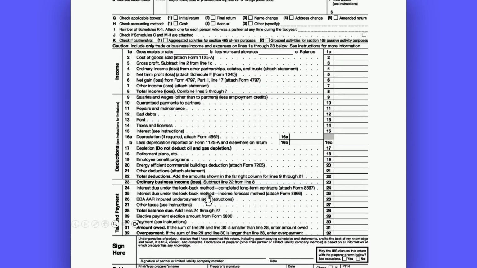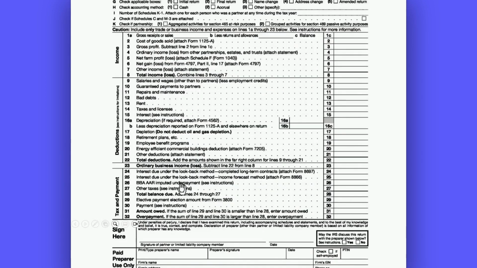And then this brings you down to the balance, where you've got a couple of other things that you can have. We'll talk about this BBA and other taxes that you could have. So a partnership in general does not pay taxes, but there are a couple of exceptions to that. So if you have one of those exceptions, then the amount of tax that you owe would be down here. And then you get to the bottom with the signatures.